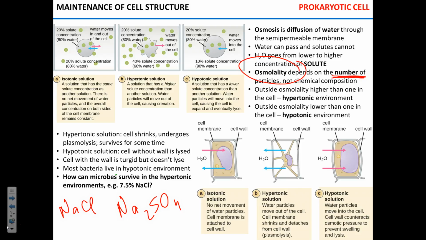Because three particles. You have two, this and this, and three here: two sodiums and one sulfate. Does that make sense? It's all about the number of ions, molecules, whatever. Okay? That's osmolality. Does that make sense? What I just said. Okay.